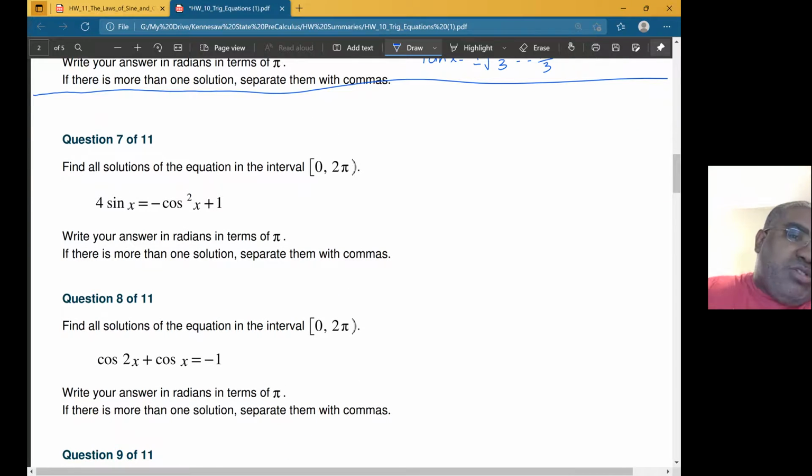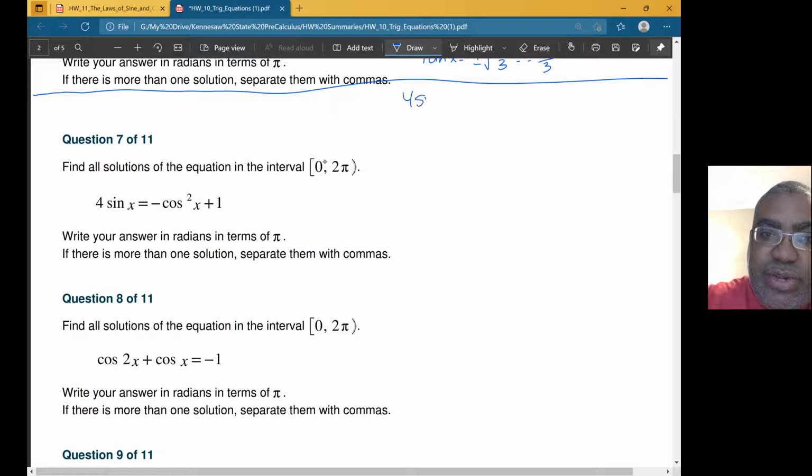All right, find all solutions of the equation in this interval. So 4 sine x is equal to negative cosine squared x plus 1. We're going to use something in here that we haven't used yet, but I'm not going to say it's cool to use, but it's a thing to use. We use one of our identities.